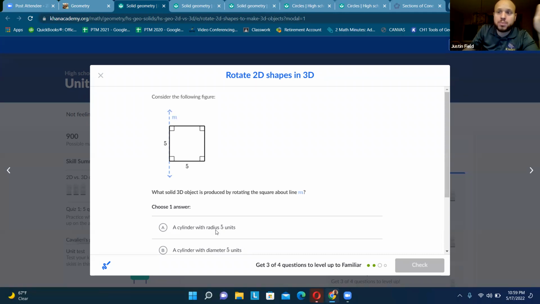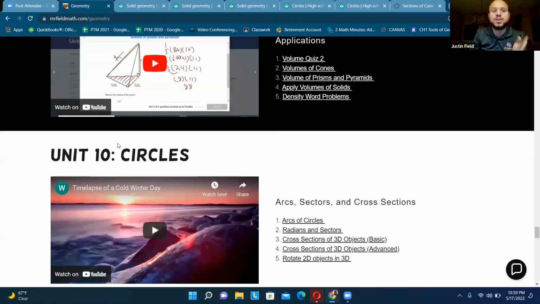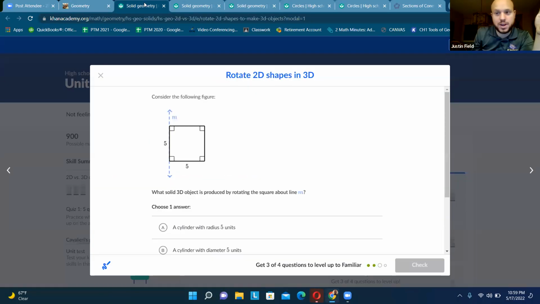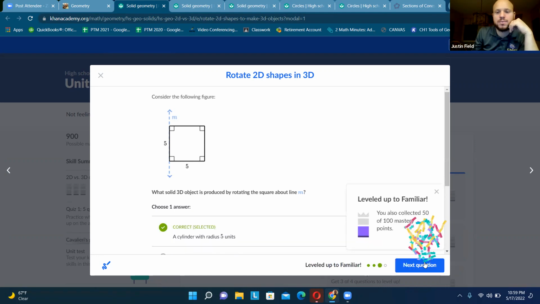You don't get prisms or pyramids by rotations, because a rotation, what is our unit? Circles, right? So there's not going to be any prisms when we're rotating, because we're rotating in a circle. And the radius is going to be 5.